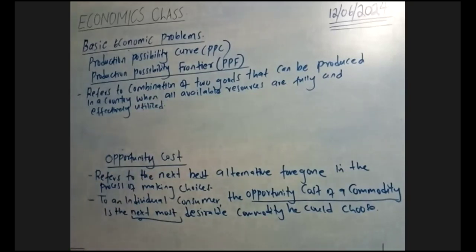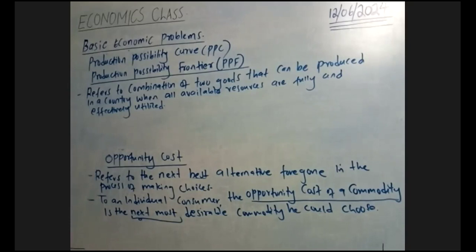So it must be a combination of two items where the country can produce two items given the available resources.